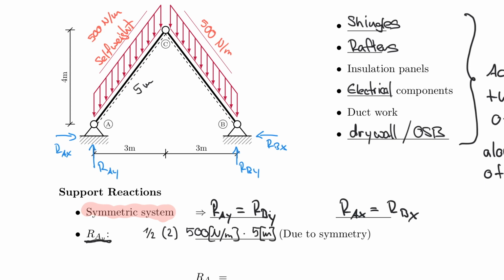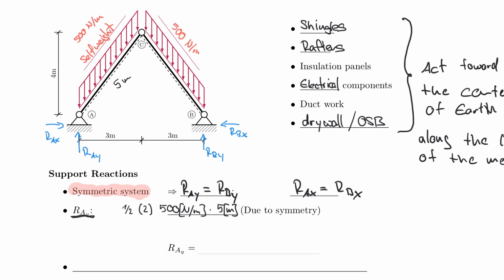And so that is exactly how much load we will have, and that is 2,500 Newton, which is equal to 2.5 kilonewton. So that is a good start, because now I know that RAY is 2.5 kilonewton and RBY is also 2.5 kilonewton.